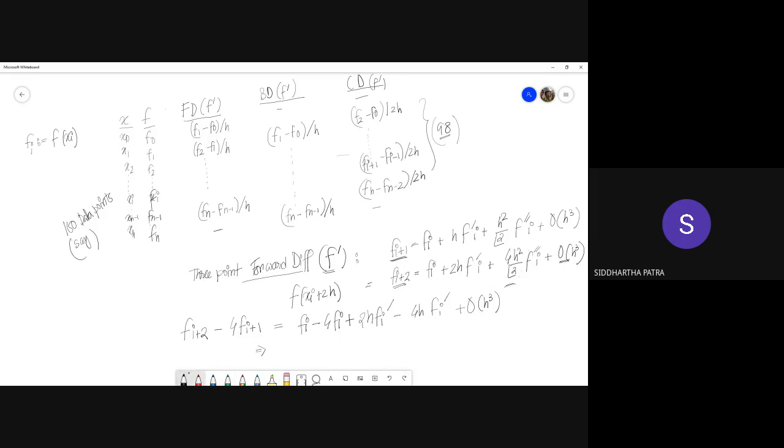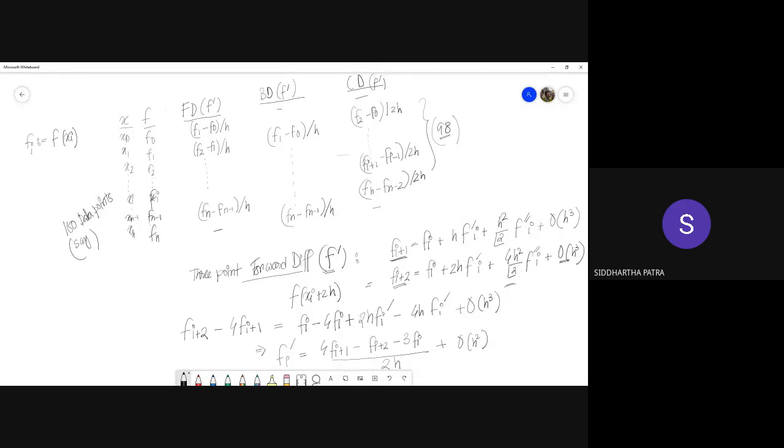So in the end, this is what I'm going to have. 4 f i plus 1 minus f i plus 2 minus 3 fi, and then dividing by twice h would give me this one plus order h squared.